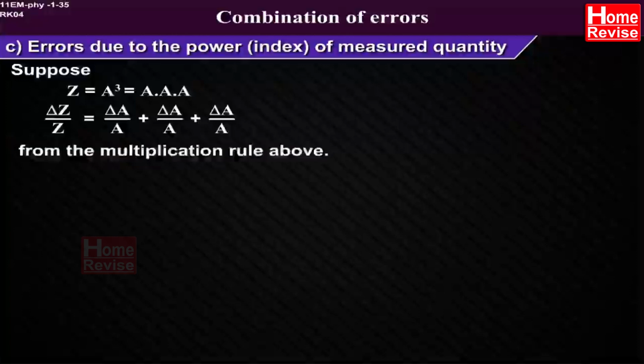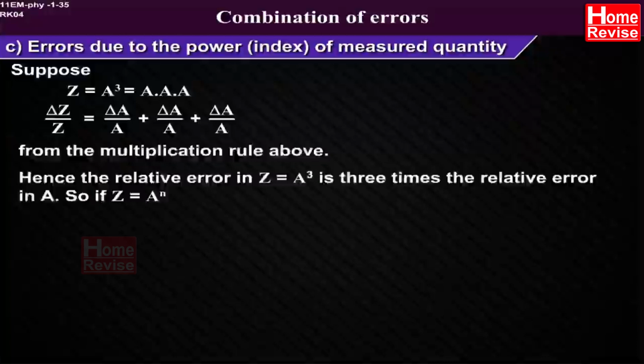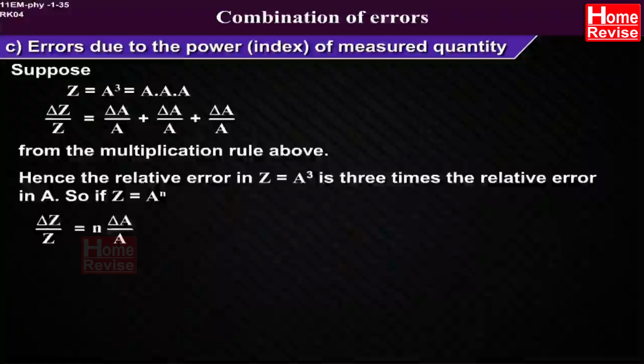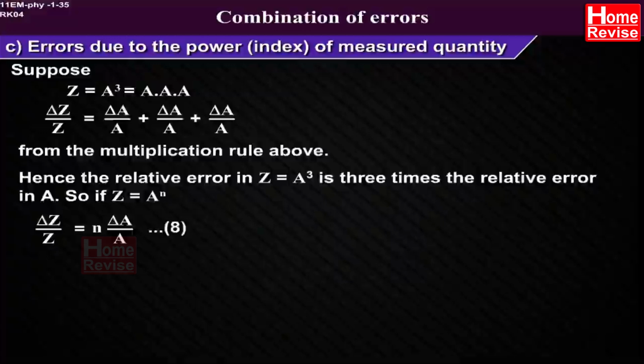Hence, the relative error in Z = A³ is 3 times the relative error in A. So if Z = Aⁿ, ΔZ/Z = n ΔA/A. Let this be equation 8.